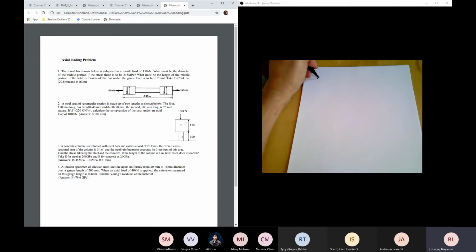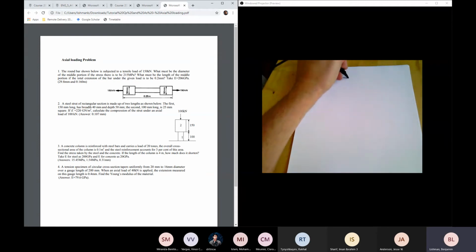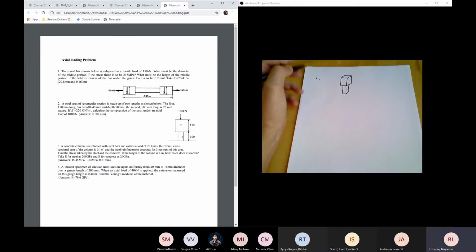So, question 2 has a steel strut of rectangular section. Can I draw a rectangular section strut? And it's again a sort of larger one supported by a slightly smaller one, something like that.